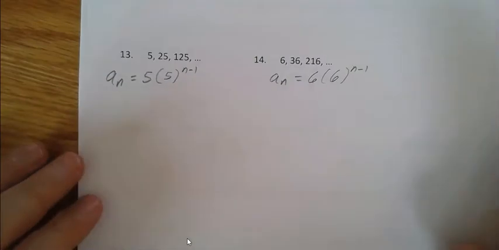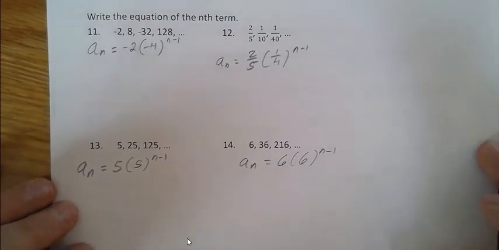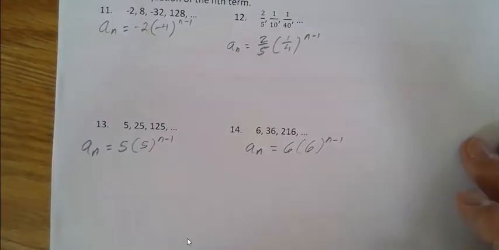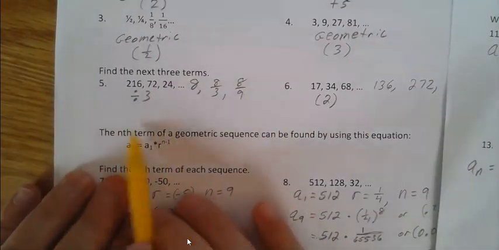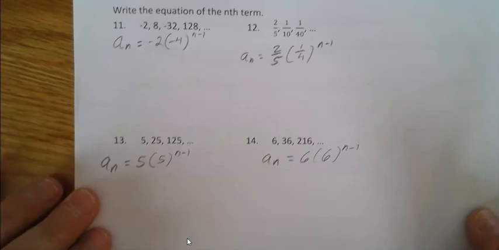All right, number 11. Now we're going to do something a little bit different, and we're going to write out the equation. If you remember our equation right here, we're going to write that out with the information we know, but we won't know all of it.